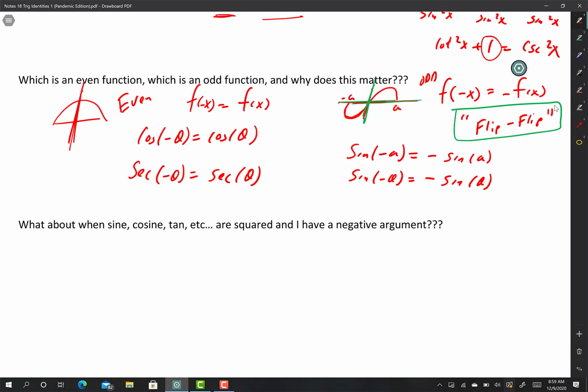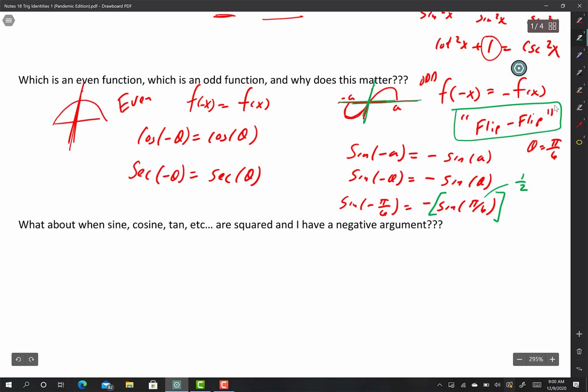Travis, how does this make sense? Well, think about if theta is pi over 6. We know that sine of pi over 6 is a half. So look, I have this here. Sine of negative pi over 6, is it the same thing as negative sine of pi over 6? Well, let's see. This in brackets is just a half, because pi over 6 is right there.